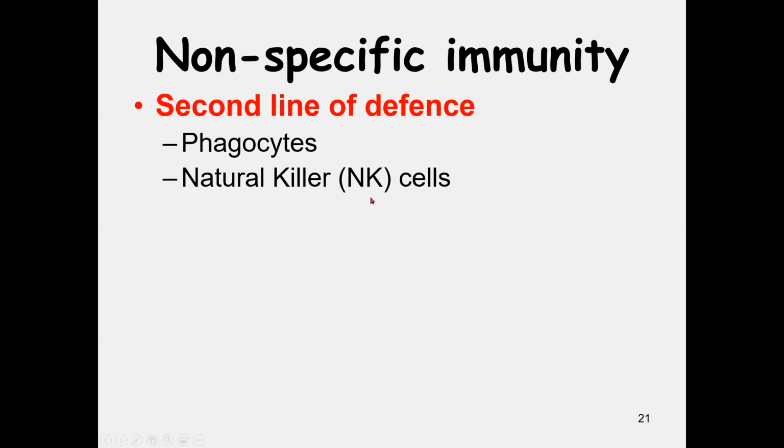We have natural killer cells, and they will kill cells that have been attacked. And a cell that is attacked by, say, a virus sends out a chemical signal, and the NK cells follow the signal and they destroy the cells before the viruses can multiply.